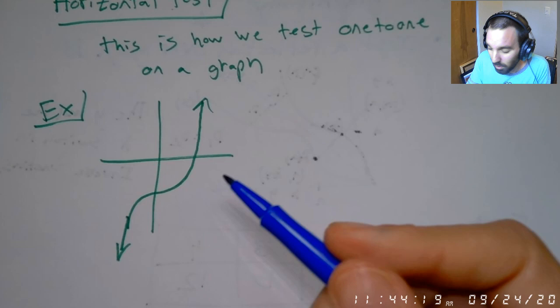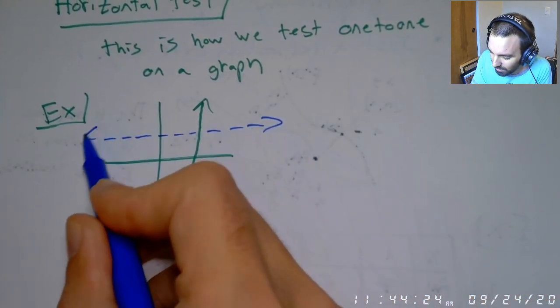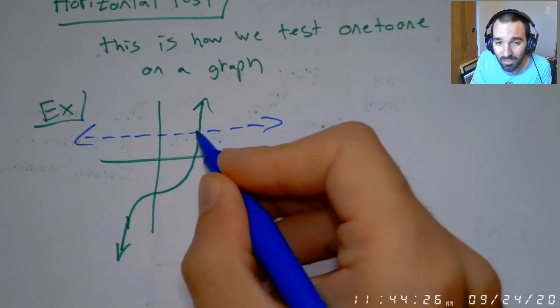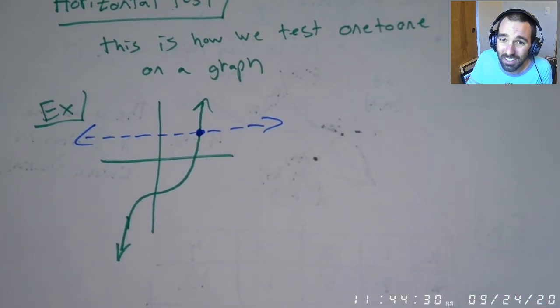So if I want to do the horizontal line test here, all I'm looking for is that there is one point that touches the line. Now, wasn't that a lot like the vertical test, right? The vertical test only tests to see if it's a function.